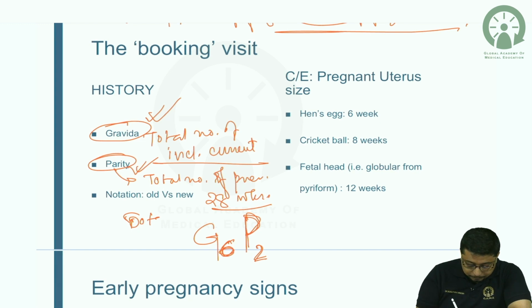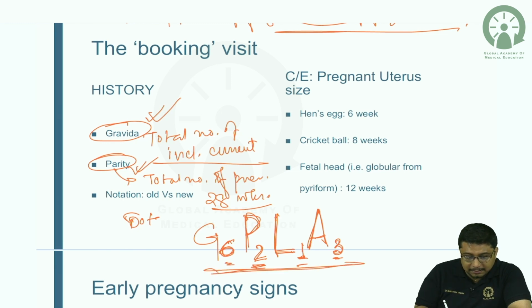Now, if one of them is alive now, L1 comes as the notation for number of living children, and the rest of them are counted as abortions. So 3 abortions, 2 that have crossed viability, only one of them is alive. So these are the kind of notations.